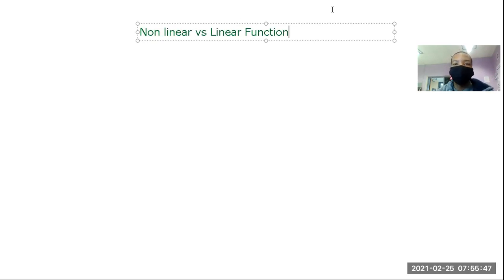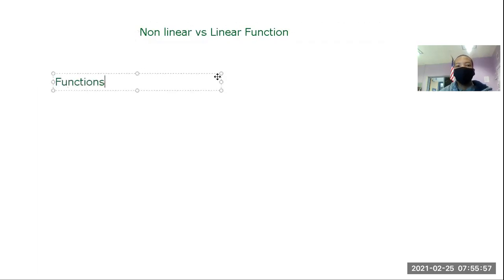So, you know how we talked about functions, and then you have some stuff that are not functions, and that's by using the vertical line test and so forth.